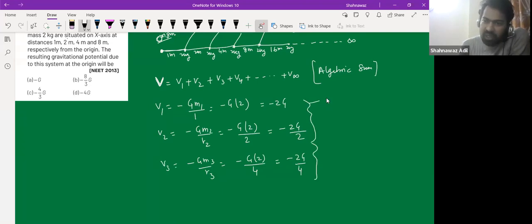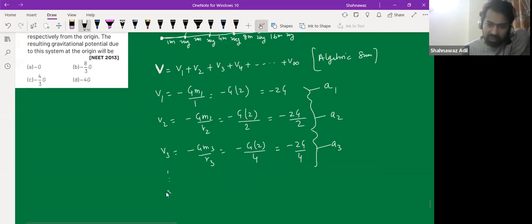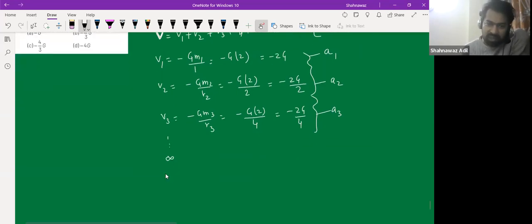Let's say this is A1, this is A2, this is A3, going to infinity. You will get your potential as minus 2G, minus 2G by 2, minus 2G by 4, minus 2G by 8, and so on.